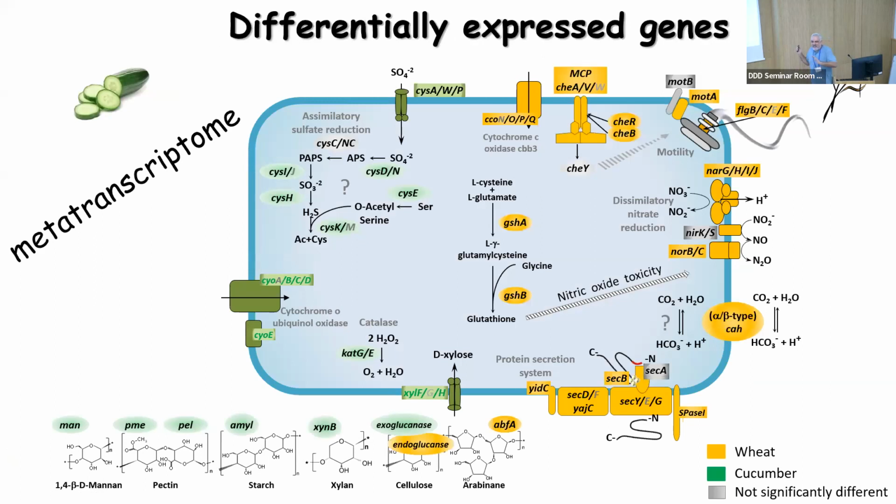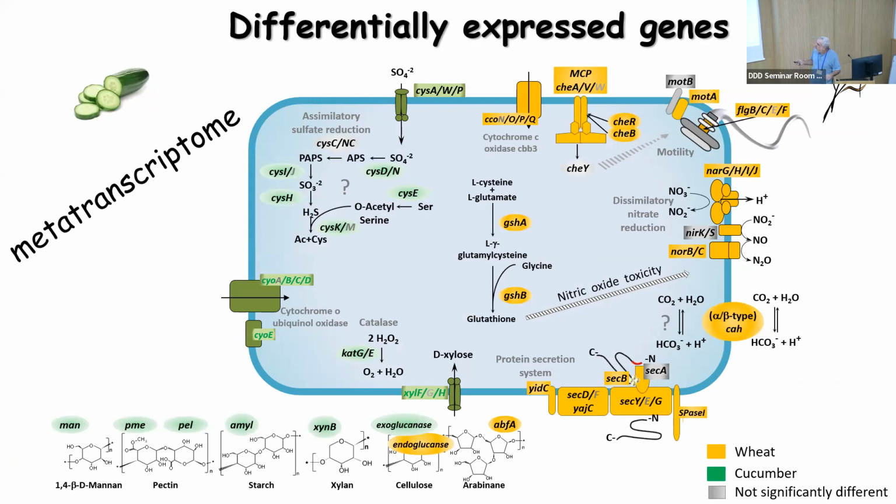Don't worry, I won't go into details, but these are the genes that are expressed at a high level, in green, in the microbiome of the cucumber, and in yellow, at a much higher level in the communities on the roots of the wheat.